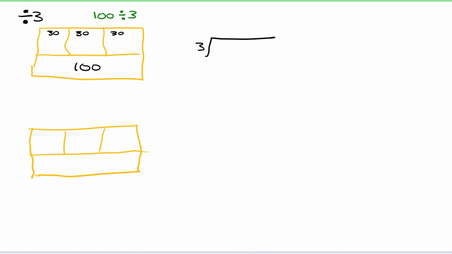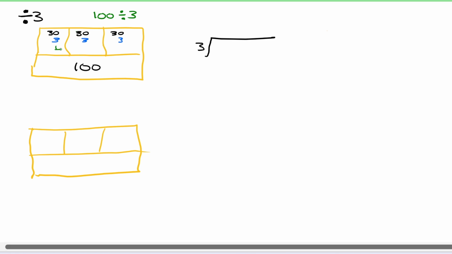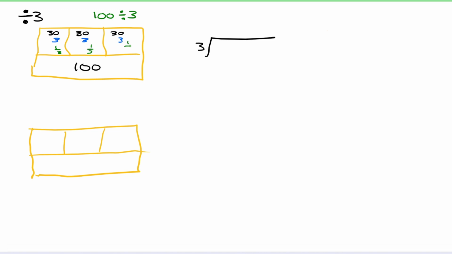Then I've got 3, 6, 9. So now I'm at 99, and then I can do 1/3 and 1/3. So you can see from the picture that I've got 30, 3 and 1/3.